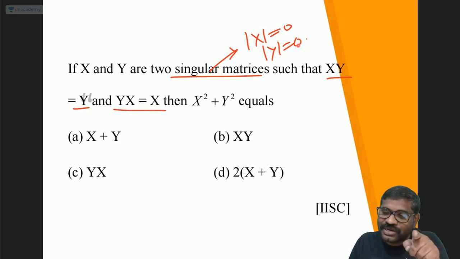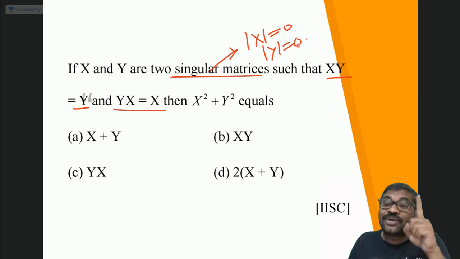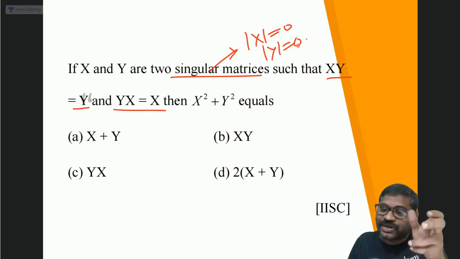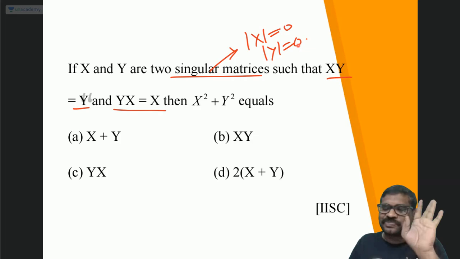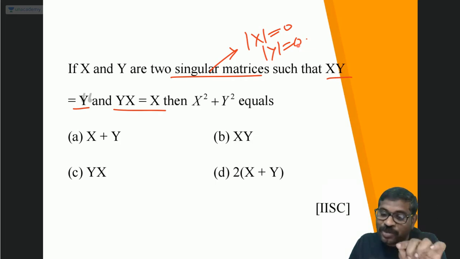The singular matrices mean determinant value of X is 0, determinant value of Y is 0, so X inverse and Y inverse do not exist. Suppose in your thought, you get to apply X inverse, Y inverse, you should not go in that direction. He is cautioning: don't touch X inverse and Y inverse to solve this problem. You have to solve this problem with the given conditions.